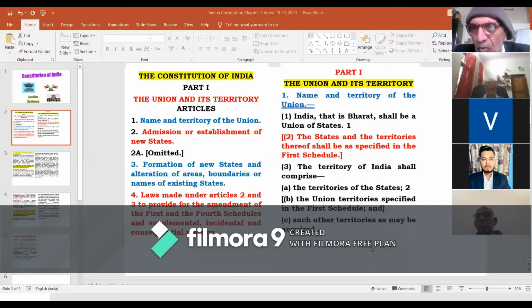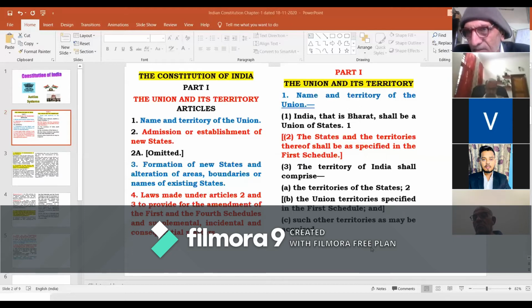So, our first essay: each one of us shall enter upon an exercise to imbibe and give full expression to the implications of this clause, India, that is Bharat.